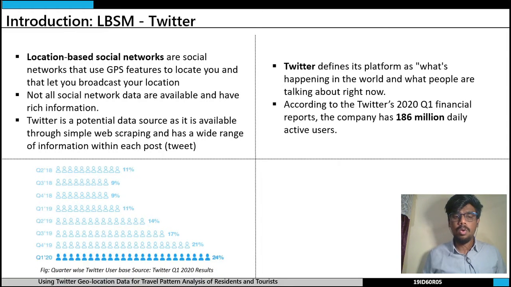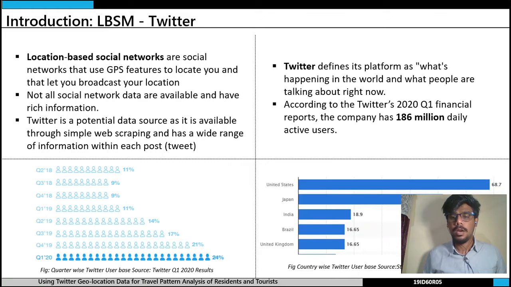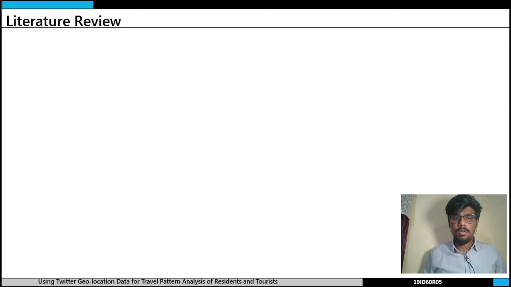Its quarter-to-quarter user base is increasing, and the main takeaway is that our country, India, has the third highest user base in the world. So this hands us a significant amount of data to analyze, compared to other big data sources.